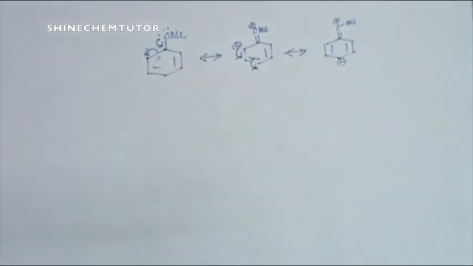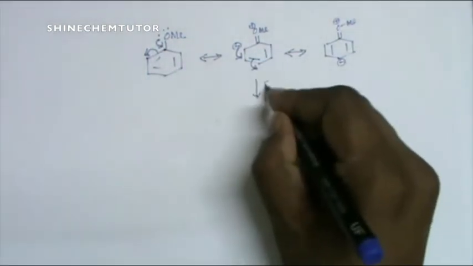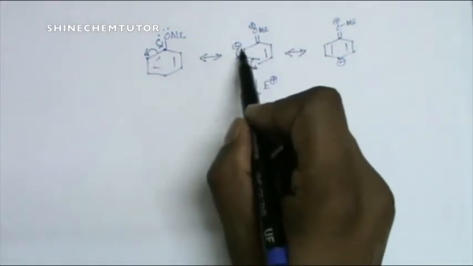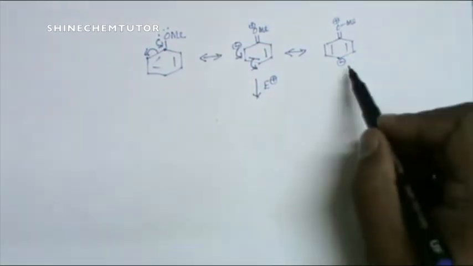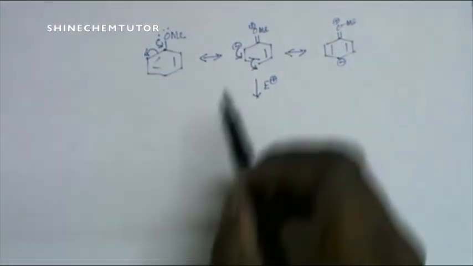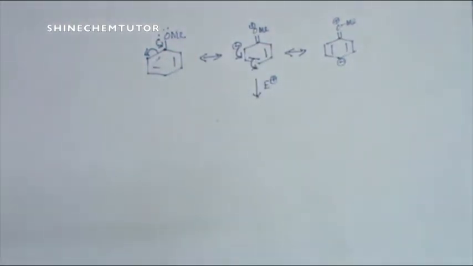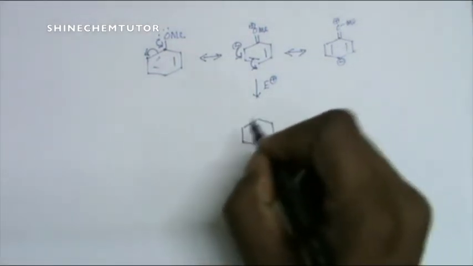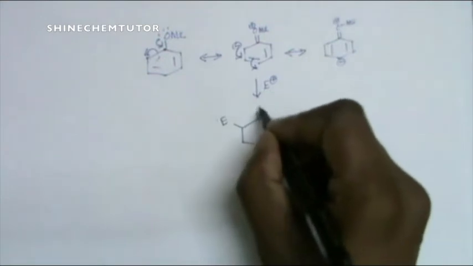This and this are equivalent. So when we add some electrophile, the electrophile may be attacked by this minus charge or this minus charge. We don't get minus charge on meta carbon. Because of that, the product, whatever we get, will be like this.